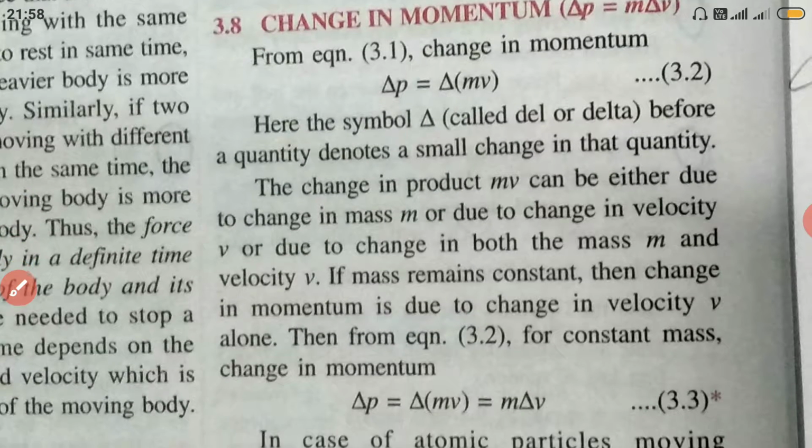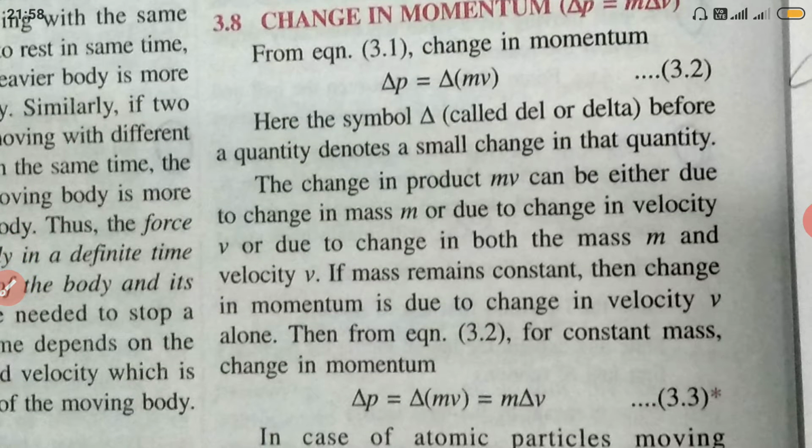So the change in the product mv can be due to the change in mass or due to the velocity or due to both. If the mass remains constant, if the mass does not change, then change in momentum is due to the change in velocity alone, which generally happens, right? Suppose you push a chair.